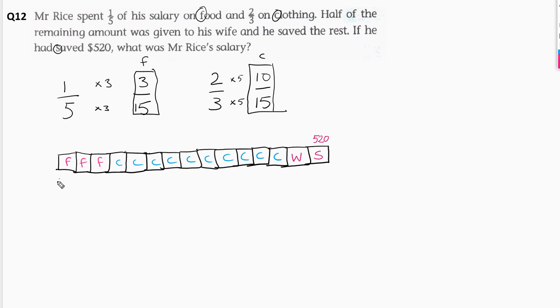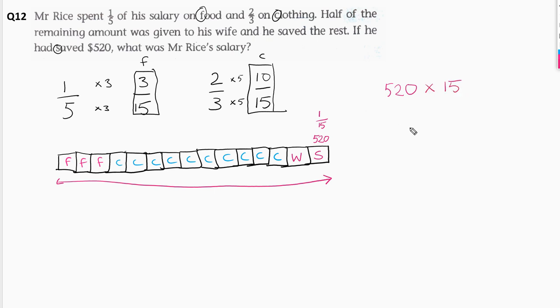Now his salary is this whole thing, that we've split into fifteenths. We now know one of these parts is 1/15. So if we want to know the whole, we need to multiply 520 by 15.